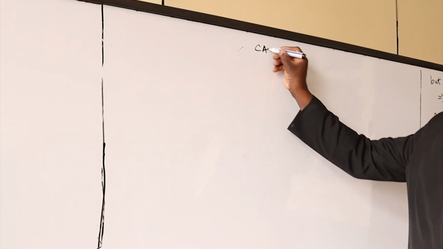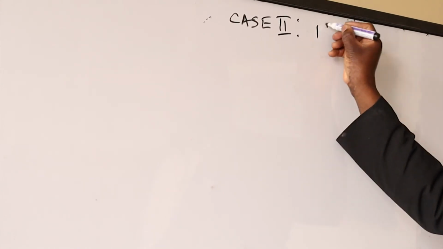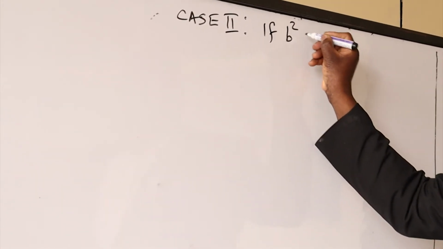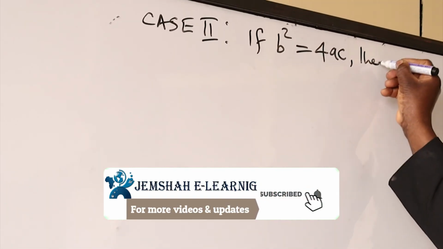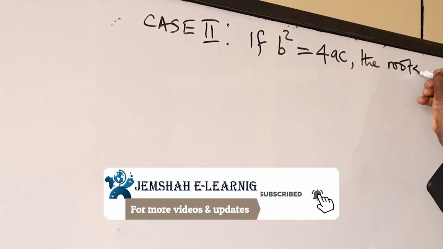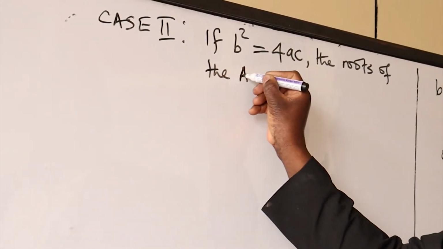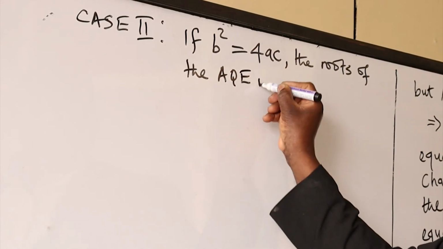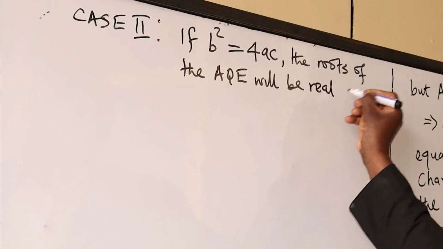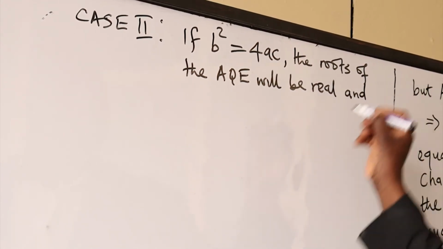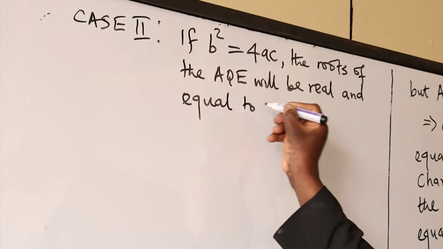Case 2. If b squared is equal to 4ac, the roots of the AQE will be real and equal to each other.